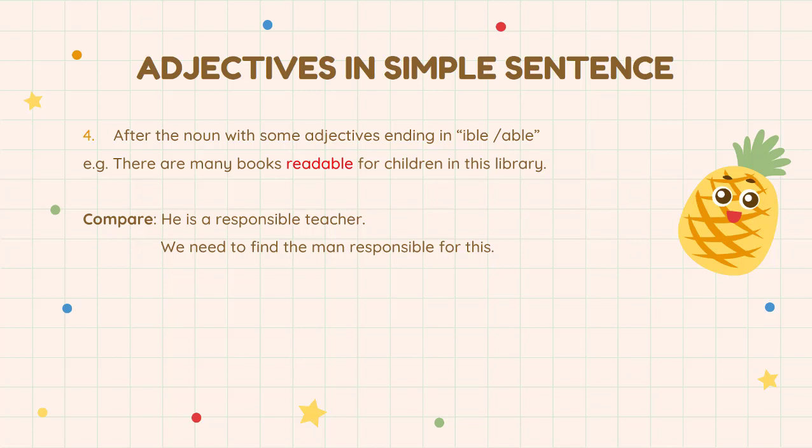But we need to find the man responsible for this. Responsible for this means that we want to find someone who is blamed for something bad that happened. So the meaning of the word responsible here is different. That's why be careful when you want to put the adjectives after or before the noun.